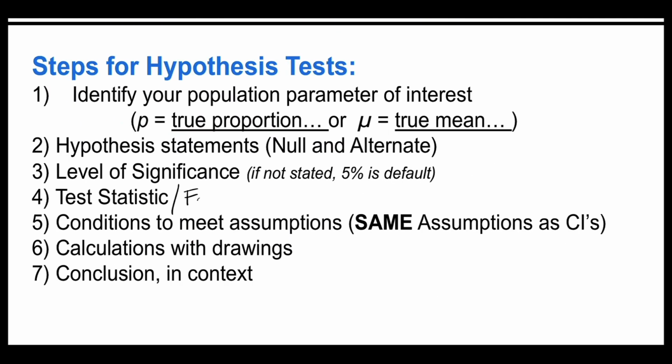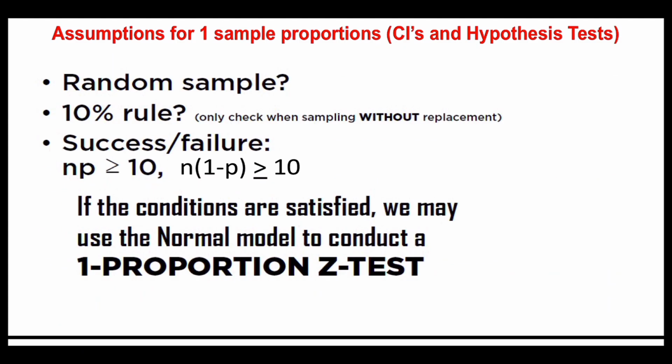Test statistic is just a fancy phrase for formula. What formula are we using? Why is that important? Because it identifies what we're doing. We're doing a 1 sample z-test for proportions. Conditions are exactly the same as what you did in chapter 8 for proportions. I haven't changed 1 word of them.